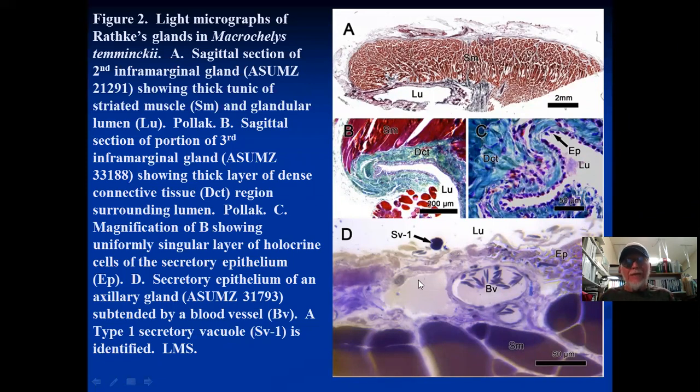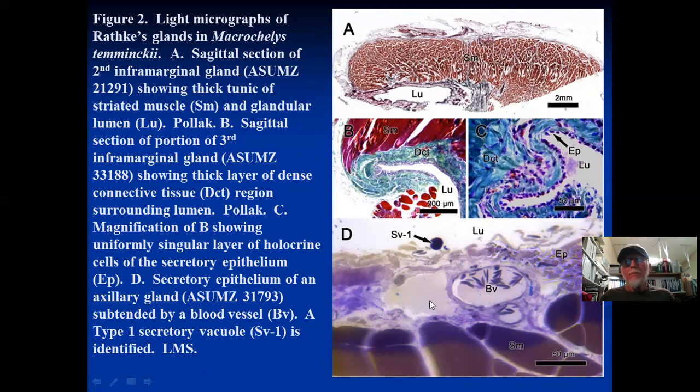If we move to D, which is a plastic section, as opposed to A, B, and C being paraffin sections, we can see one of the 2 types of secretory vacuoles that are produced by these cells lining the gland proper. This is a blood vessel. Here is the striated muscle down here.